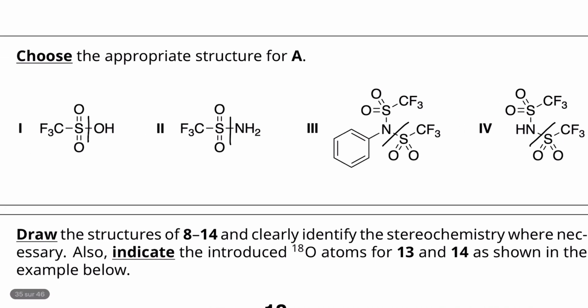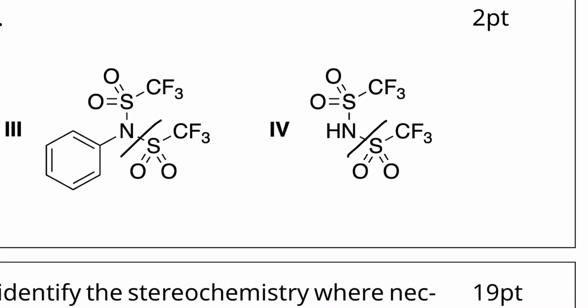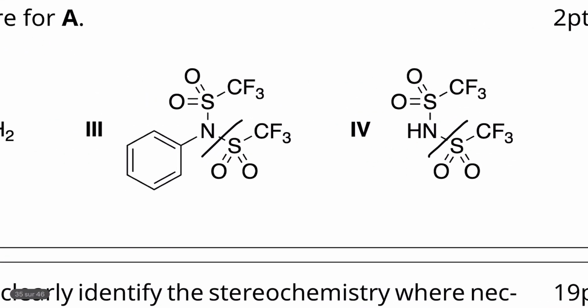So 1 and 2 are a really bad choice for A, because the leaving group is quite unstable itself, so it's not going to leave. 3 and 4, well, 4 is quite a good leaving group because you have another triflate group which can help the nitrogen out, but 3 also has a phenyl group which can help the nitrogen out also.